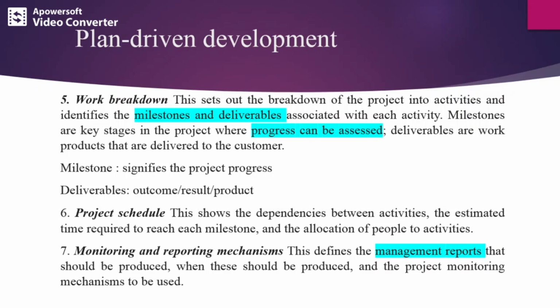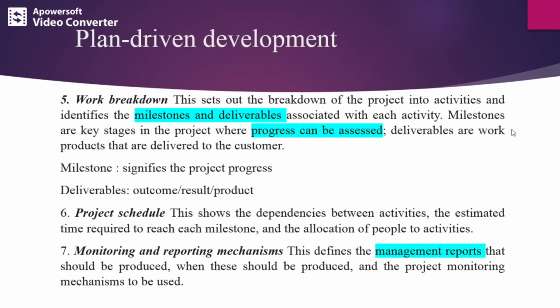Milestone will assess the progress of your project, meaning where exactly, in which stage, your project is now. Milestones are key stages in the project where progress can be assessed. So you can get to know where your project is now, currently in which phase.